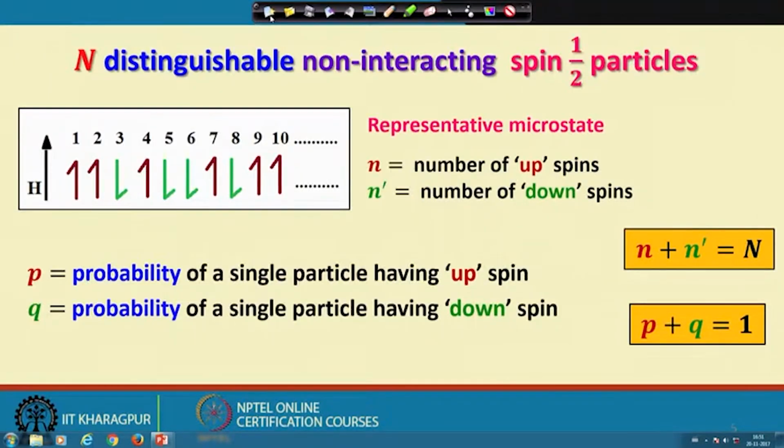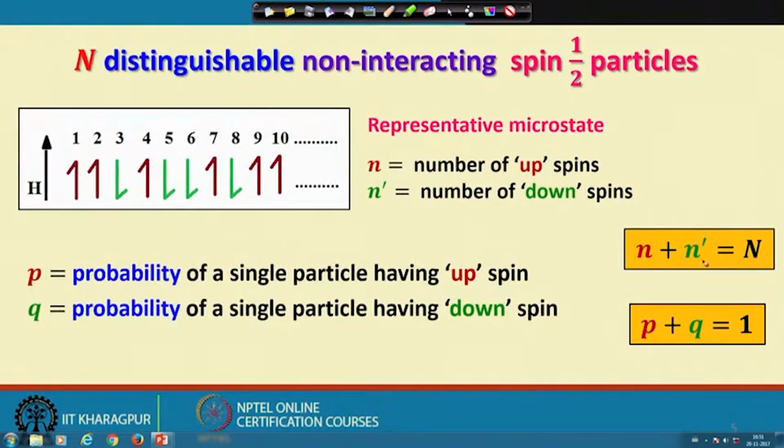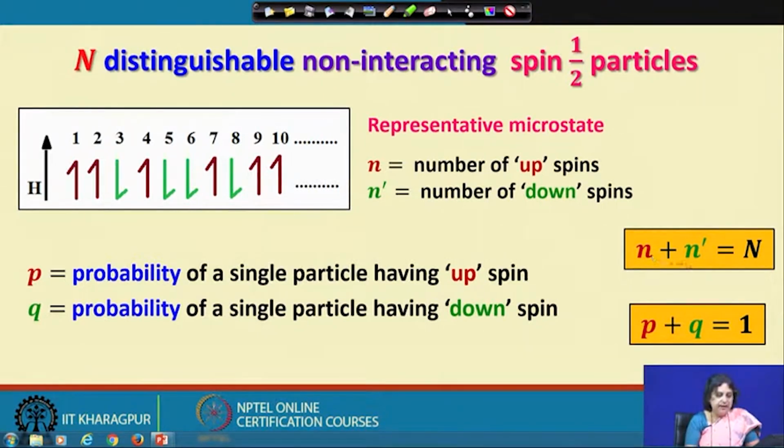Now, once I understand this, the question that we face is, what will be the number of microstates associated with the different values of small n, that is the number of up spins. You must realize that simply because I have n plus n prime equal to capital N, between n and n prime only small n can vary as an independent variable. The value of n prime is always capital N minus small n.